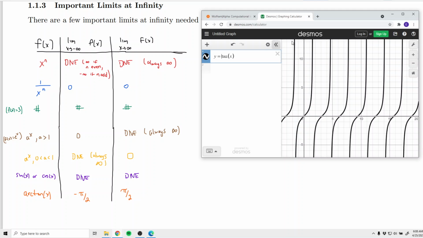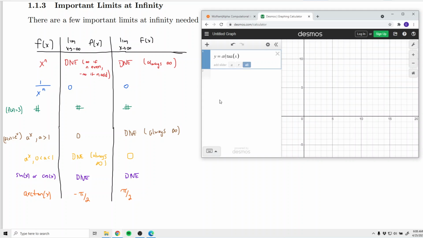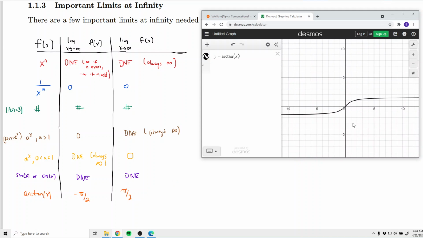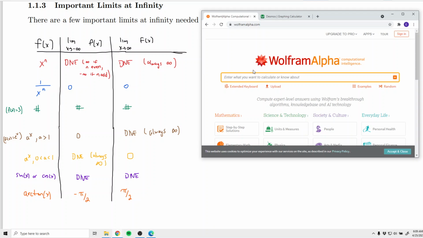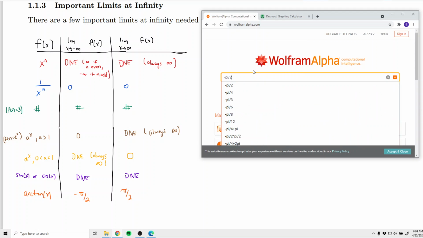Now, arctan is very special because it's one of the few graphs that has 2 horizontal asymptotes, and the y value of them is special. As we go to the left, the value of arctan becomes like -π/2. If you type that in your calculator, it's about -1.57.